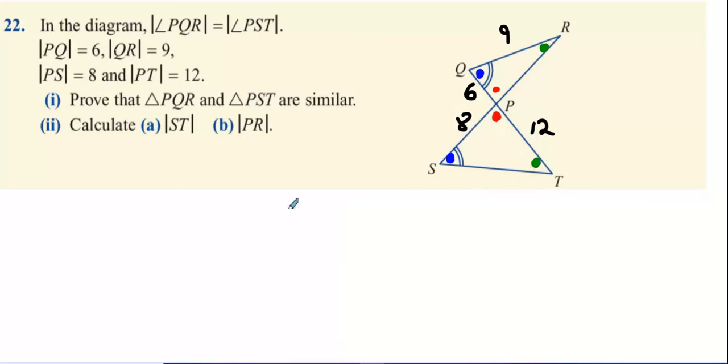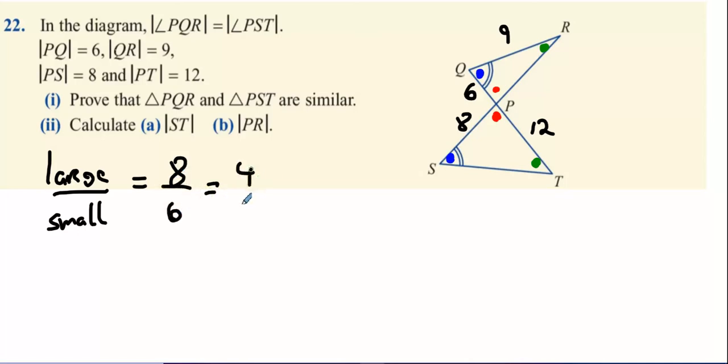Which ones are equivalent? 8 and 6. How do we know they're equivalent? They're both in between the blue and the red. So large over small is 8 over 6, which is the same as 4 over 3. For every 3 centimeters the small triangle has, the large one will have 4.